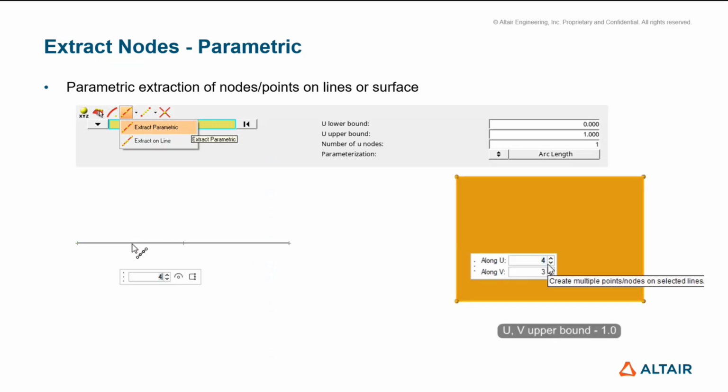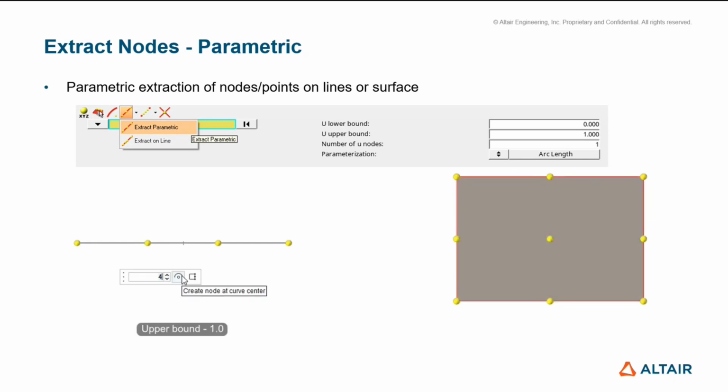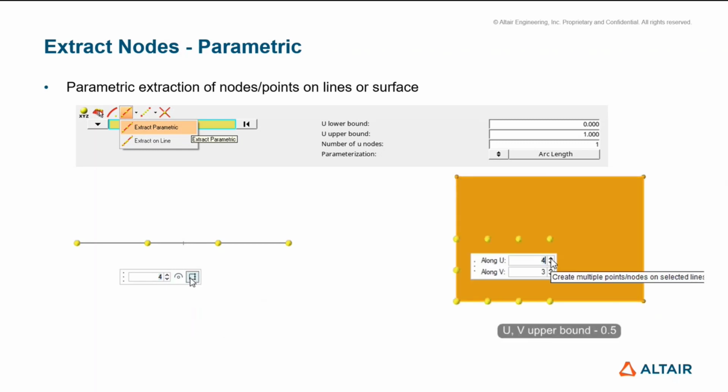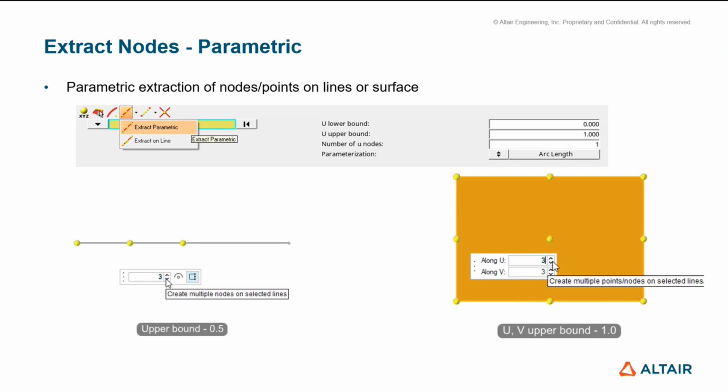The other option from the nodes panel that we added is the extracting of the nodes in the parametric way. You can see that on the guide bars, we provide the upper and lower bounds for U and V. And then we have selectors where you can select a line or a surface, and based on that, we create nodes parametrically.